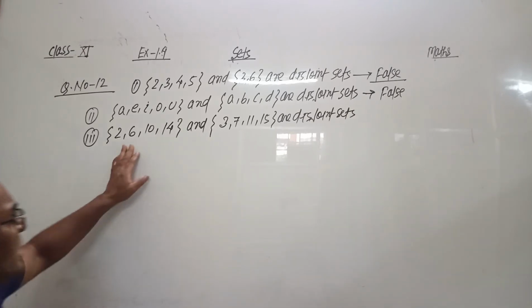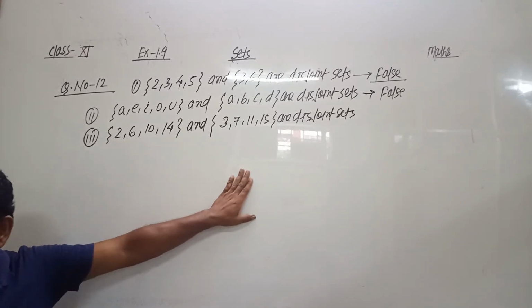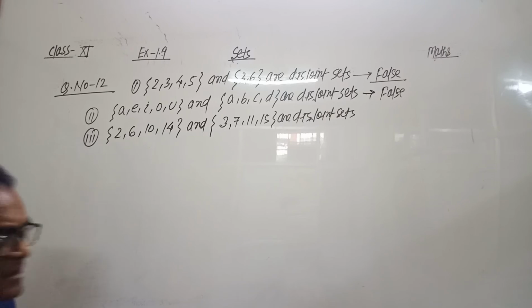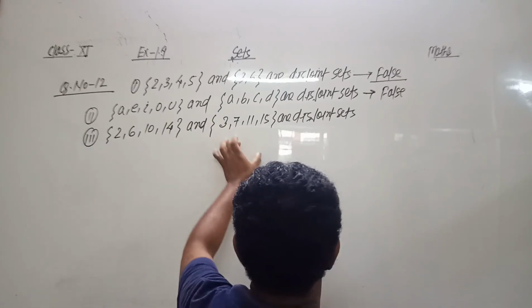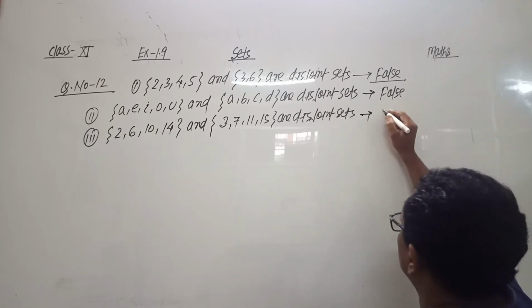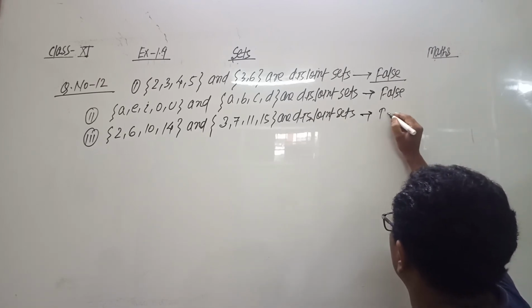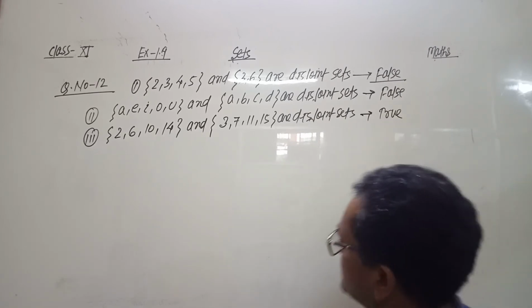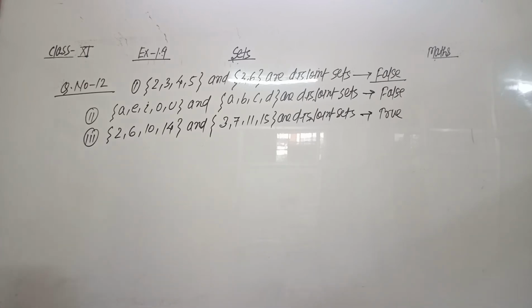So I think this statement is true because no element is common. Since there is no element common, they are disjoint sets. Means the statement is true.